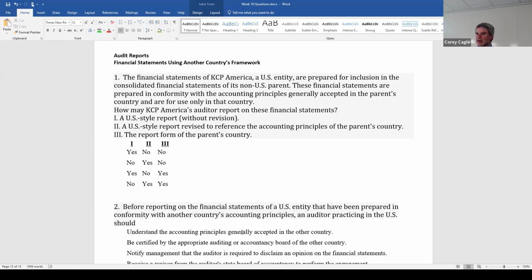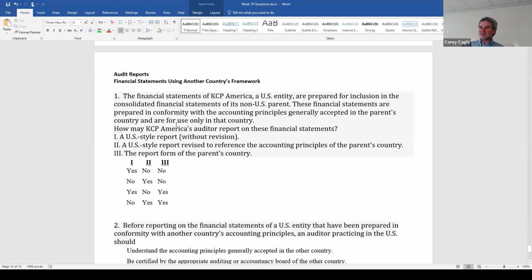All right, so yes, it's an American company. Nobody in America is going to be looking at this. It is for the foreign country. We're not the only people in existence. So, we've got these foreign countries with American subsidiaries. They want this information for use in their country. They're not really worried about U.S. everything, right? So we don't have to have a U.S. style report without revision for them. That's not what they're interested in.